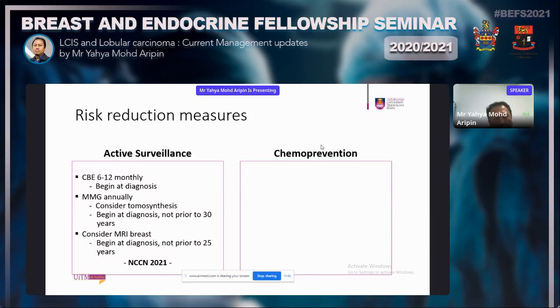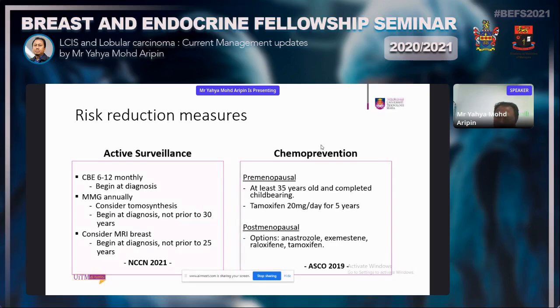And if you have tomosynthesis, you can consider tomosynthesis, but this mammogram should not be done earlier than 30 years of age. And you may consider MRI breast if the patient has other high risk factor.